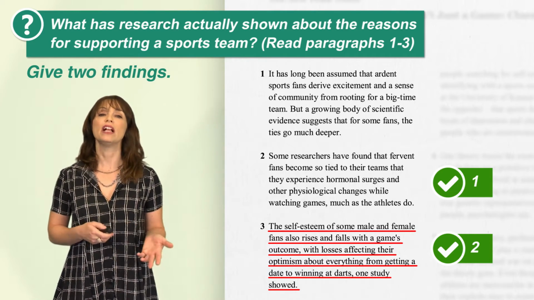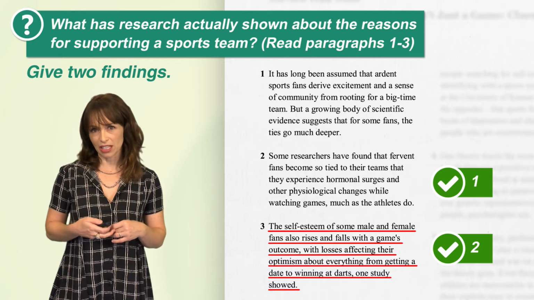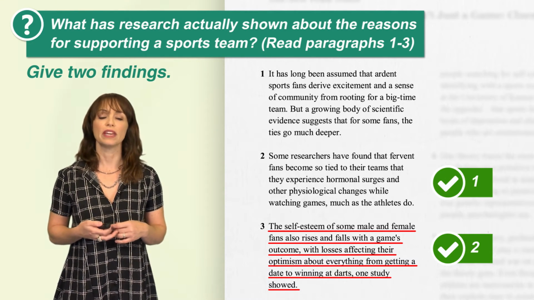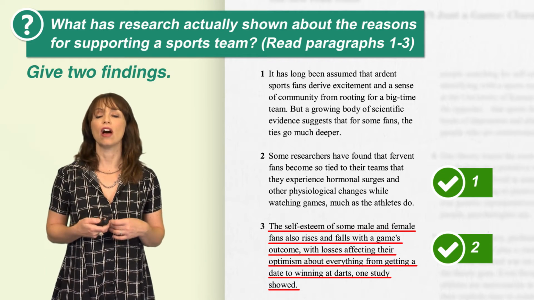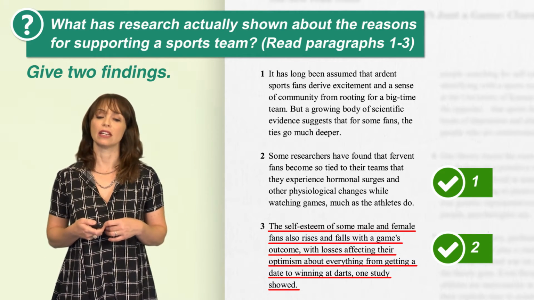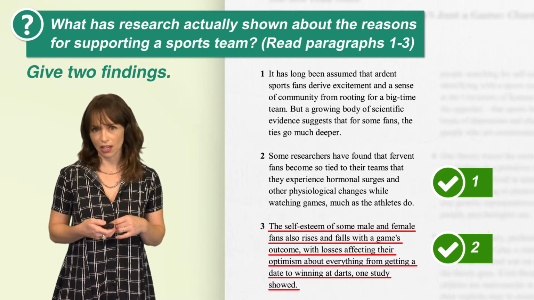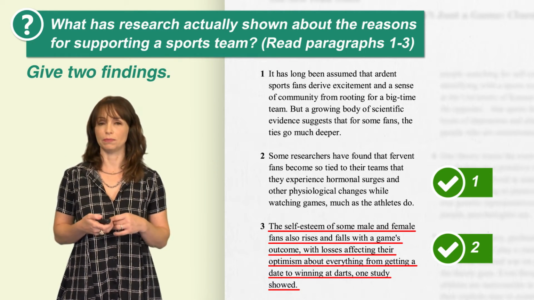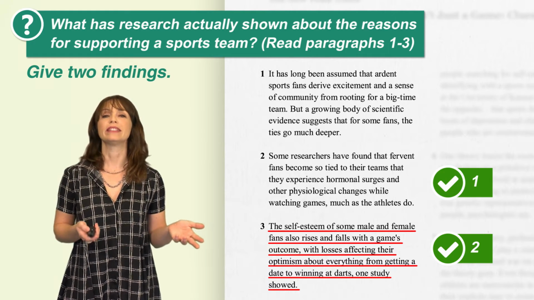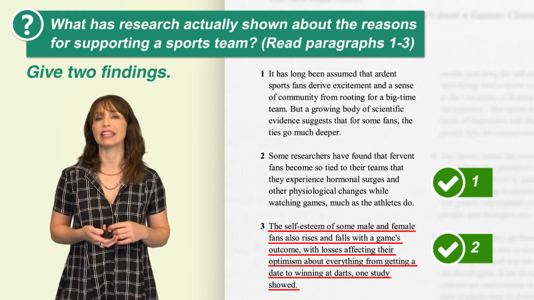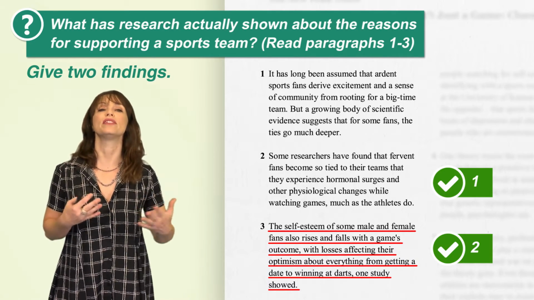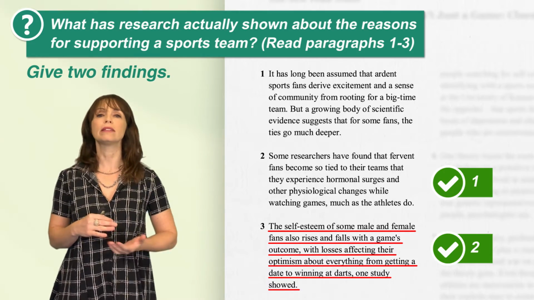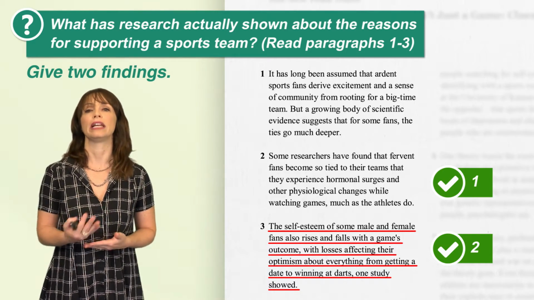Okay, the self-esteem of some male and female fans also rises and falls with a game's outcome, with losses affecting their optimism about everything from getting a date to winning at darts. So we can summarize the second finding that a person's self-esteem is also affected. כן? הערכה העצמית של האדם מושפעת מהקשר של אותו אדם לקבוצת ספורט.